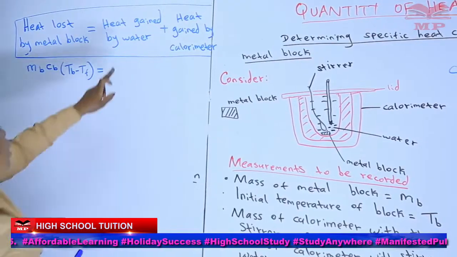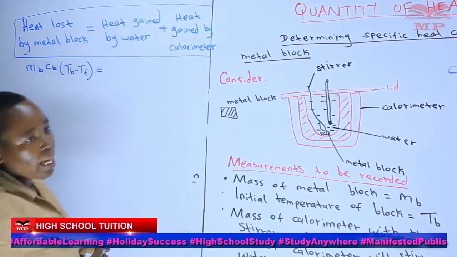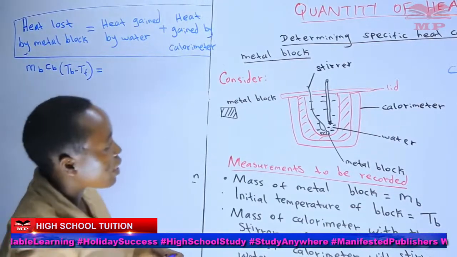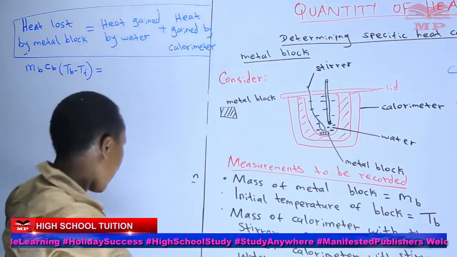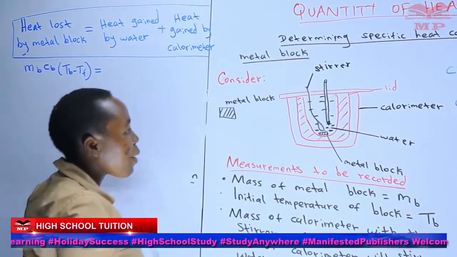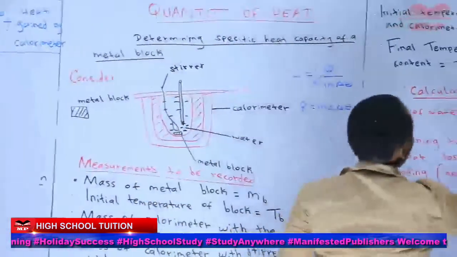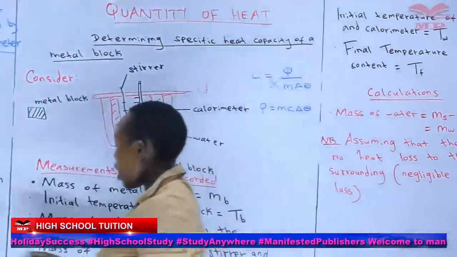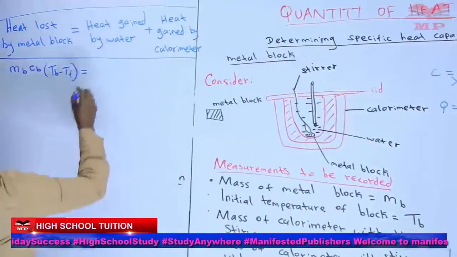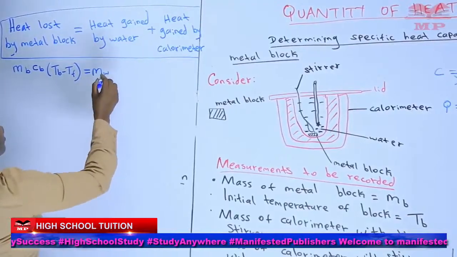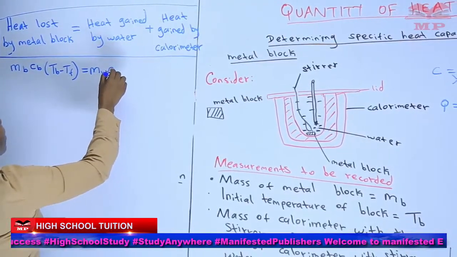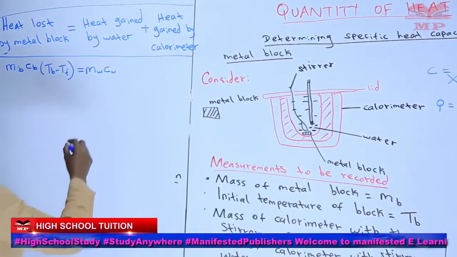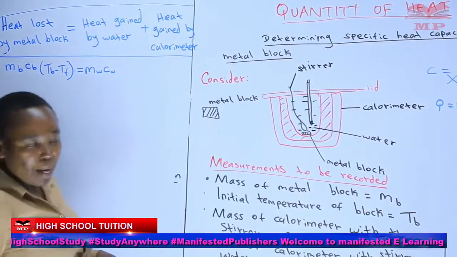This is equal to heat gained by water. Again, the formula: mass of water, mw, times the specific heat capacity of water, which should be given in this question, multiplied by the change in temperature.